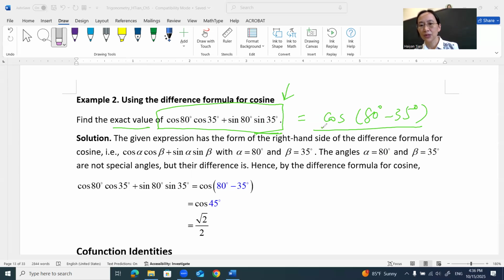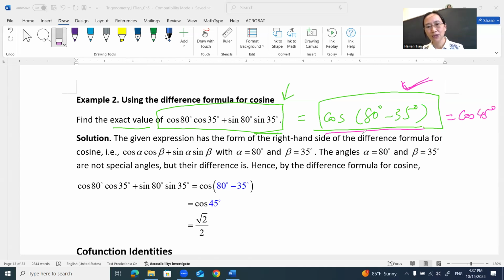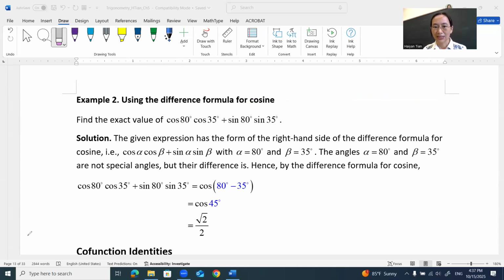But as soon as we apply the identity, it becomes possible, and we can get the exact value of cosine 45 degrees. So that identity, you can use from one side to the other or the other way around, depending on what you need.